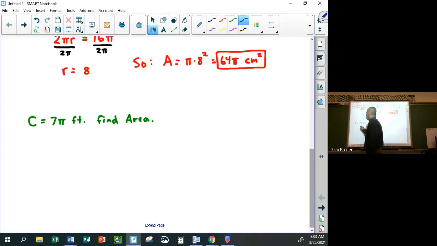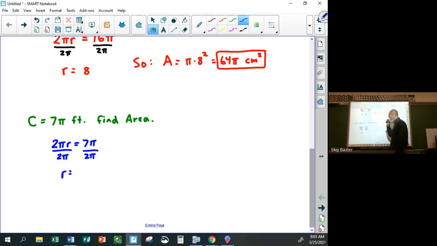Okay, so you'd say 2 pi r equals 7 pi. Divide by 2 pi. So this time you can see, if you take 7 pi divided by 2 pi, you get 7 halves, or 3.5. Not ideal, but it's not that bad because you have a calculator anyway.